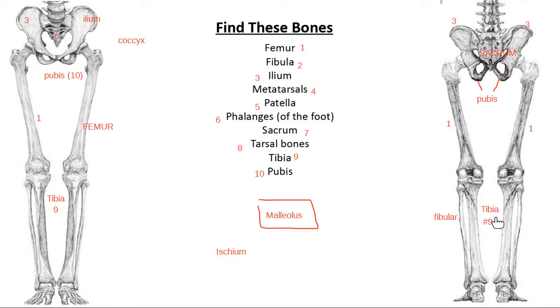So never tell me that the tibia has the lateral malleolus, because the tibia doesn't live on the outside. The tibia lives on the inside. And never tell me that the fibula has the medial malleolus, because the fibula lives on the lateral side.